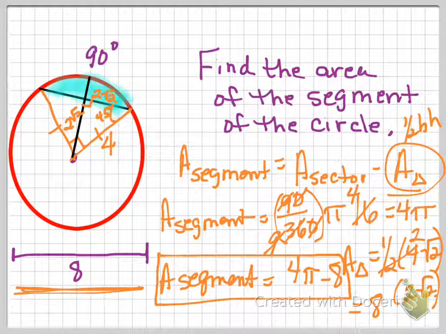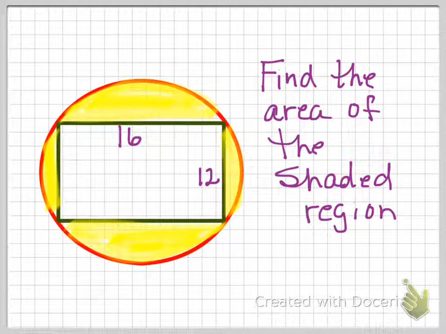I hope you guys are catching on to this and understanding what's happening. All right, so let's look at this one. Now I want to find the area of the shaded region. That is, I want to find the area of the yellow shaded part. That's the part outside the rectangle, but inside the circle.